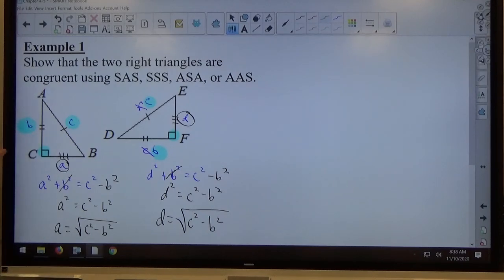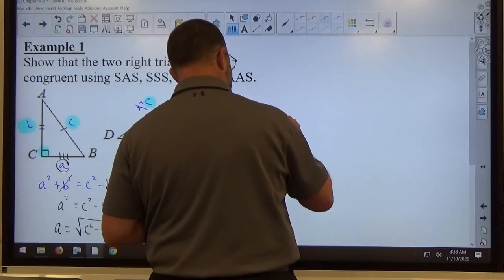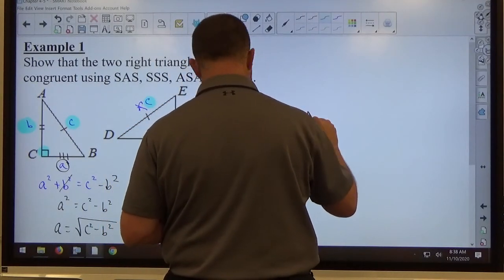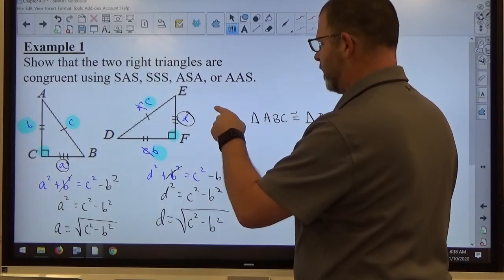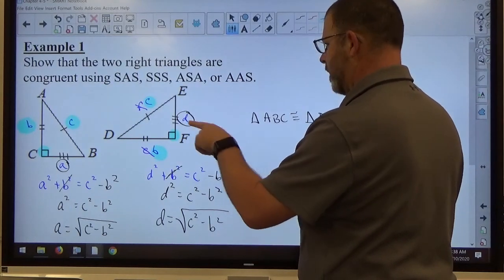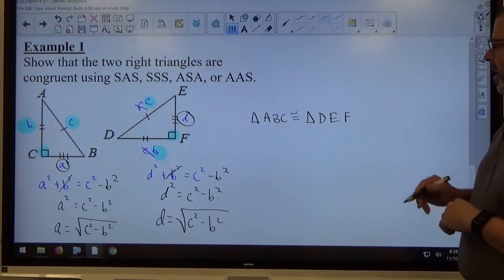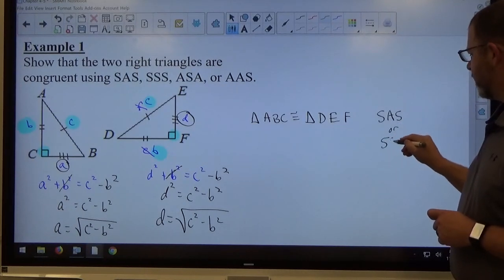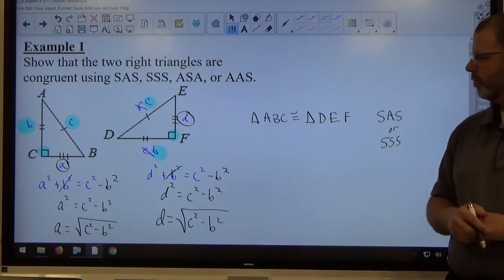So either triangle ABC is congruent to triangle, A matches up to D, B matches up to E, and C matches up to F. So ABC is congruent to triangle DEF by either side-angle-side or side-side-side. Take your pick. Once you get that third side equal, both those are true.